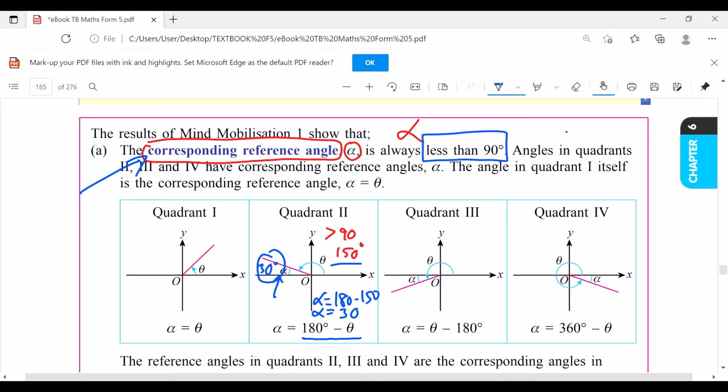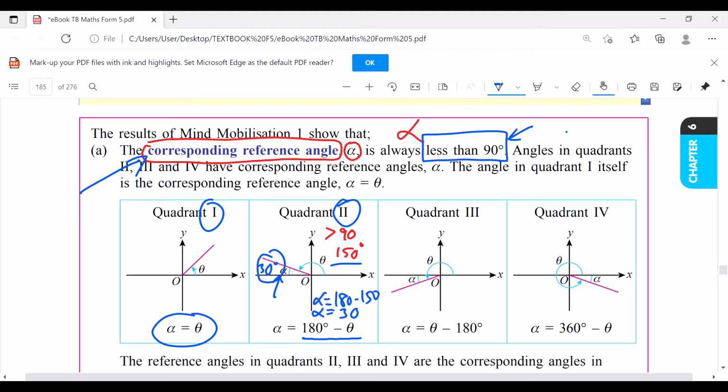The values of sin, cos and tangent will be the same, but maybe a different sign. We'll look at that later. So it is on the second quadrant. In the first quadrant, your theta will always be your alpha because it is already less than 90 degrees. So this should not be a problem.